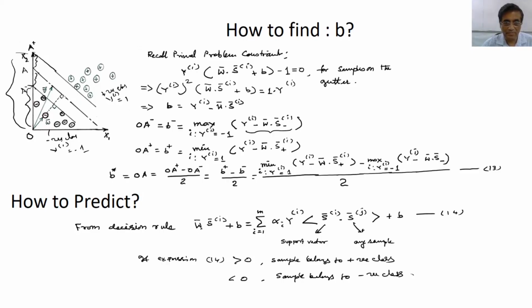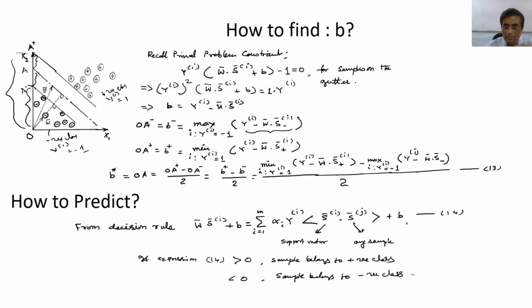This is the decision rule: W dot x, a dot product with any vector, plus B. W is now the dot product between the support vectors for which it is trained and any other sample which you want to test, to find which class it belongs to, plus B. So this expression is fully known now.